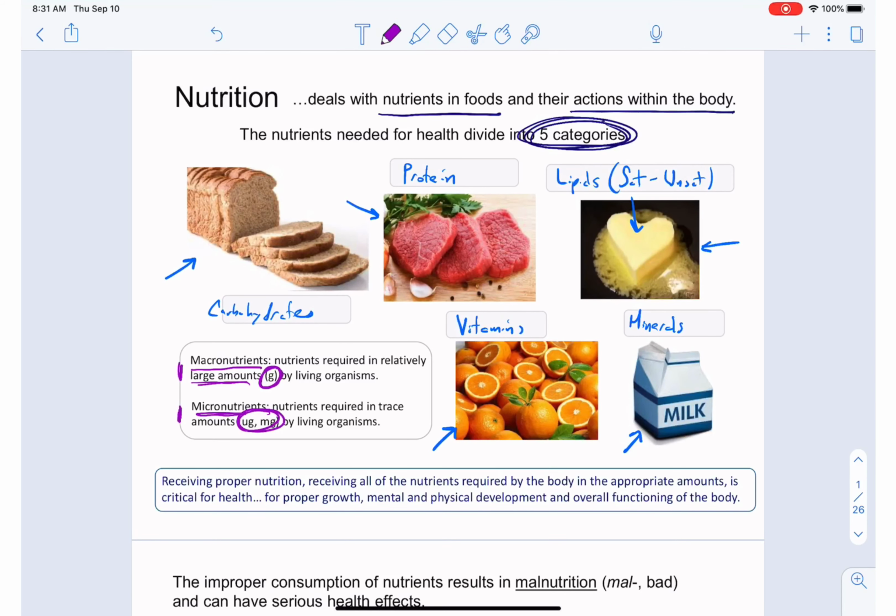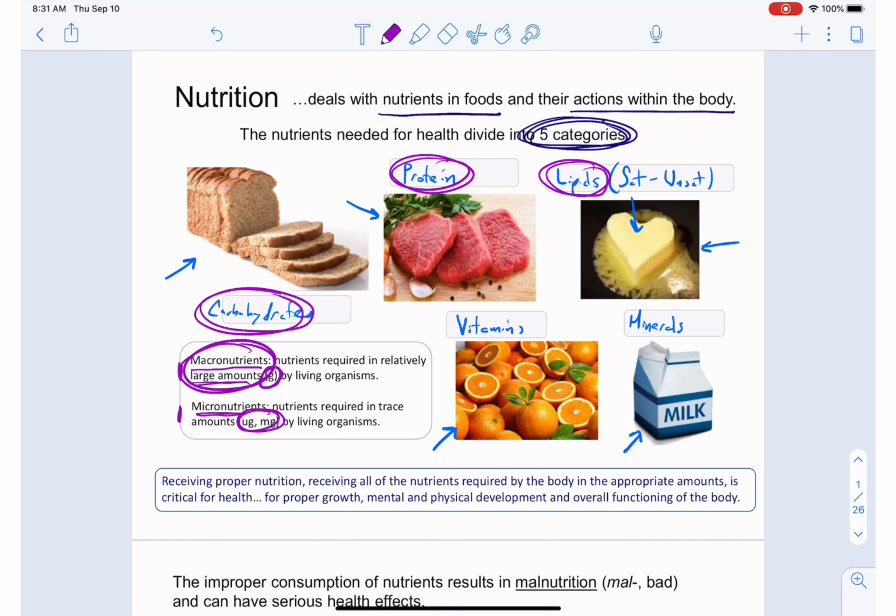So let's go through and see if we can categorize each of these as macronutrients or micronutrients. So first of all, which of these are categorized as macronutrients? Which of these do we need in relatively large amounts? With regards to macronutrients, we have carbohydrates, proteins, and lipids are all macronutrients.